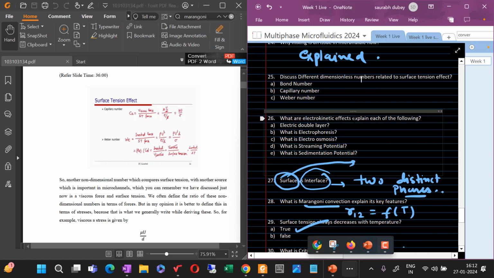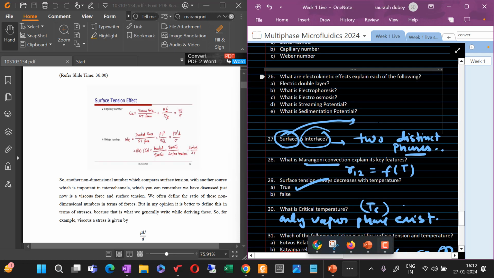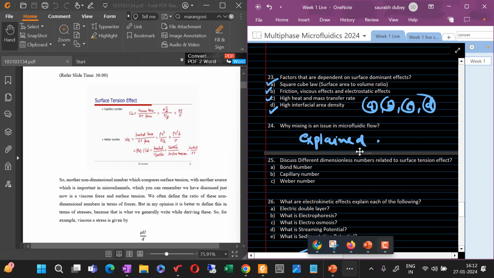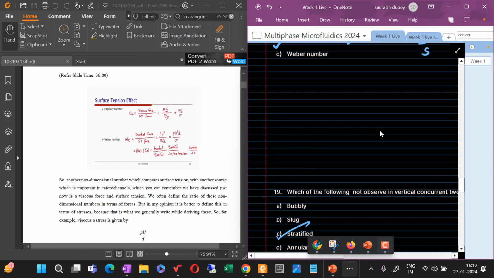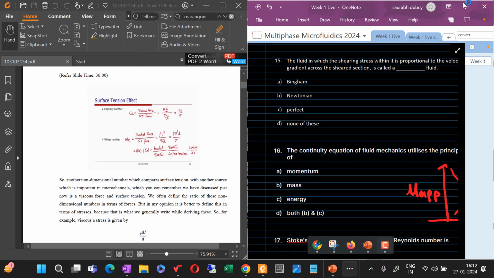Everywhere you are having surface tension in the denominator, and accordingly different forces, like gravity force, viscous force, and inertia, are in the numerator in the bond number, capillary number, and Weber number respectively. So this is explained. I think I am done with all the questions.